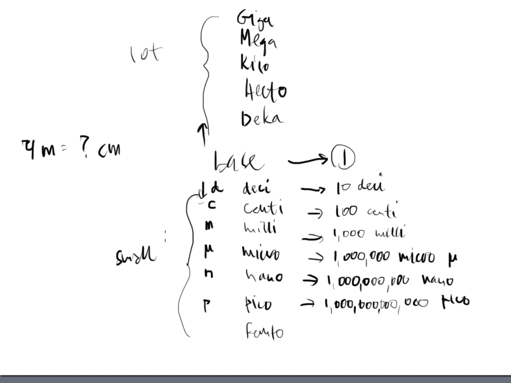Well, I'm going to look at this chart that I've just generated, and I'm going to go, oh, meter doesn't have a letter in front. That's my base unit. So my base unit is 1. So that means 1 meter is equal to their centai. Centai means 100. So 100 centimeters. That is the conversion factor that we'll use in that dimensional analysis problem.